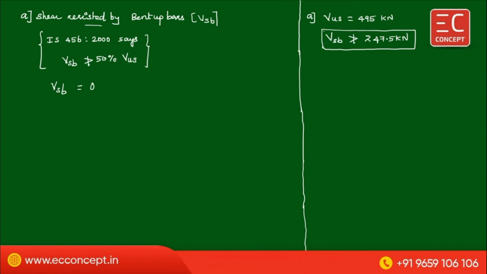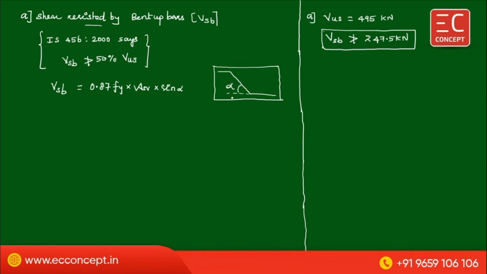This is the condition, but the shear resisted by bent up bars as per the formula is equal to 0.87 Fy into ASB into sine alpha. This is the beam, and there is a bent up bar.